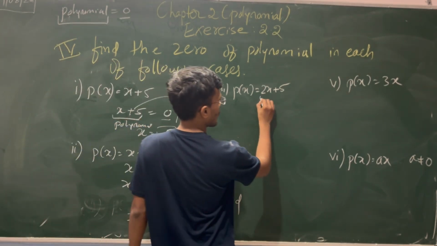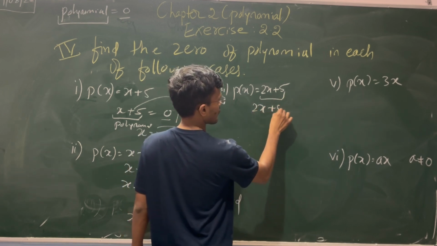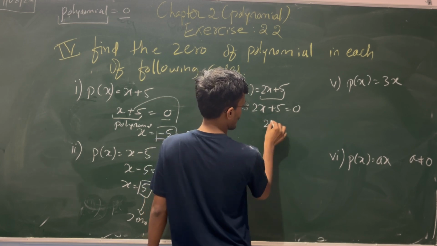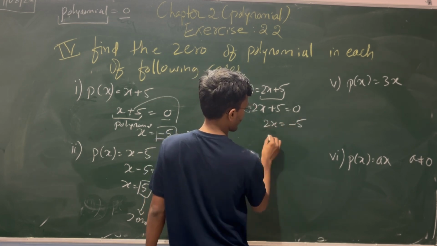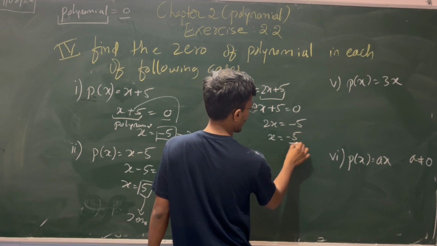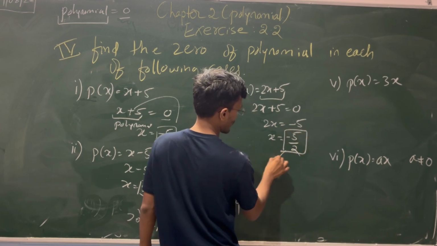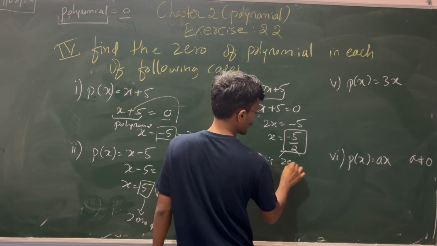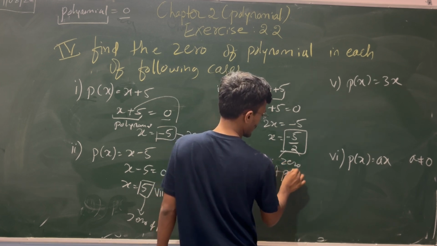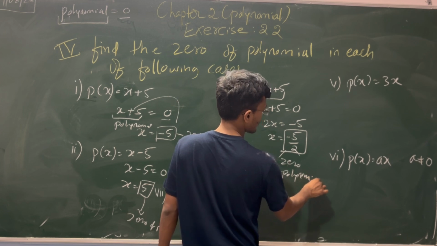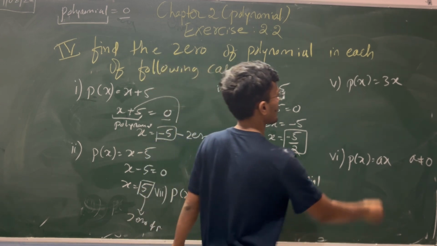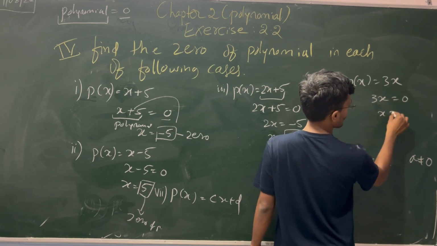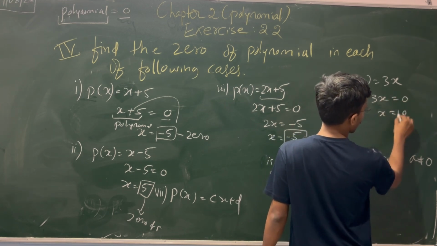Next, 2x plus 5 equal to 0, and here 2x minus 5, x is equal to minus 5 by 2. So now it is a zero of the polynomial. So now question number 5, here there is 3x equal to 0, x is equal to 0 by 3.